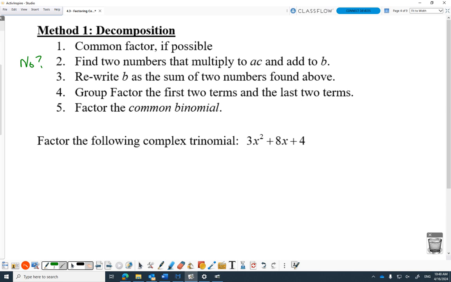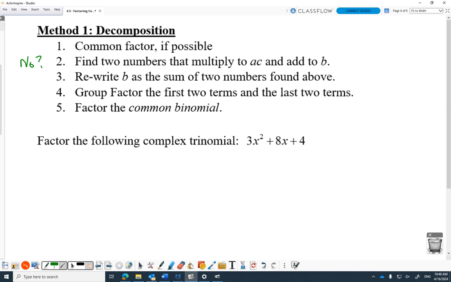Group factor the first two terms and the last two terms, and then factor the common binomial. Here come the steps. Lock in.